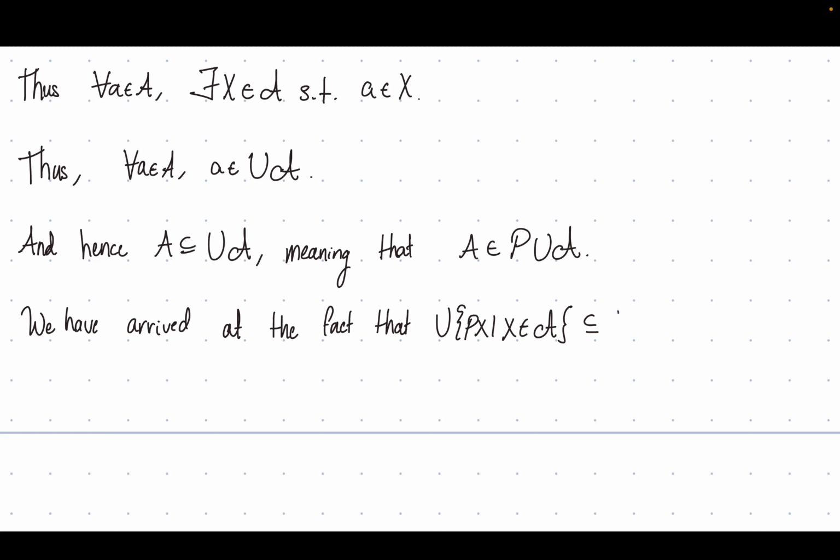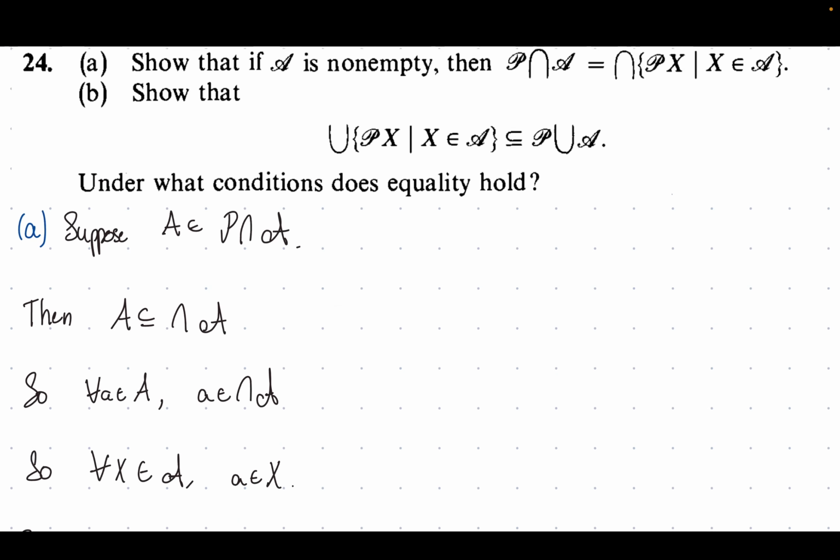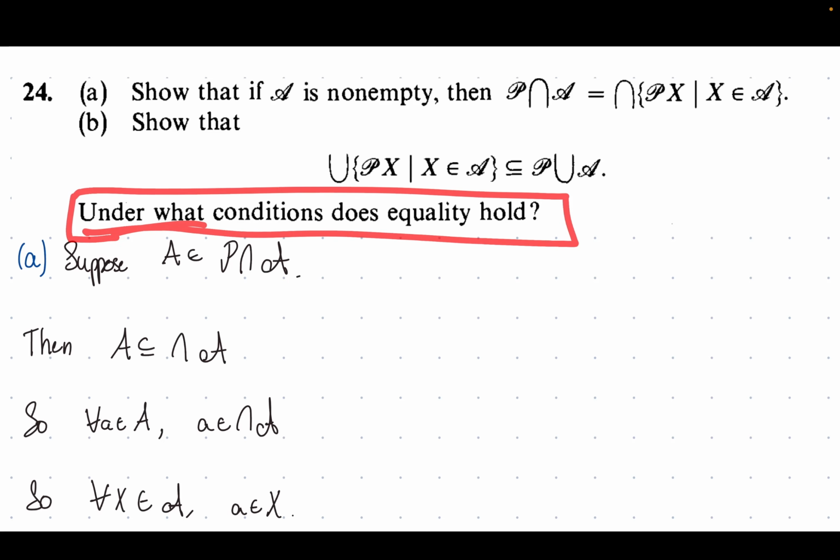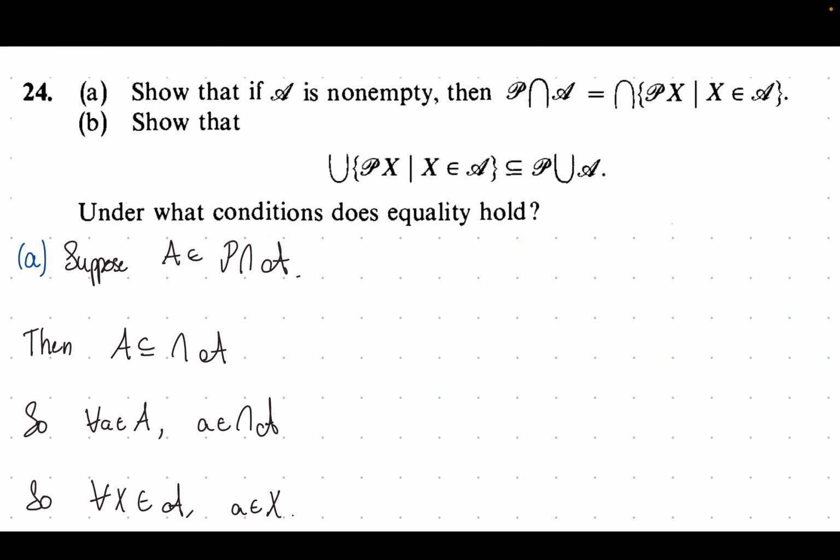Alright, so we've done most of the work so far, and now all we have to do is answer this obnoxious question. I hate these sorts of questions. Let it be known to the whole world that I don't like these kinds of questions. But we have to find out under what conditions equality holds.